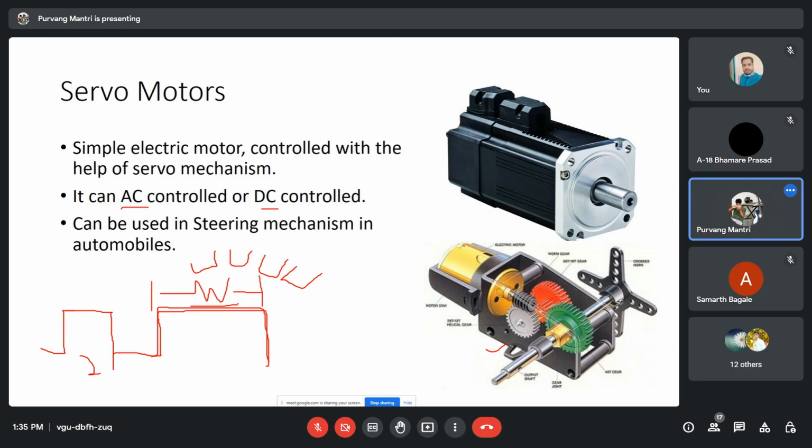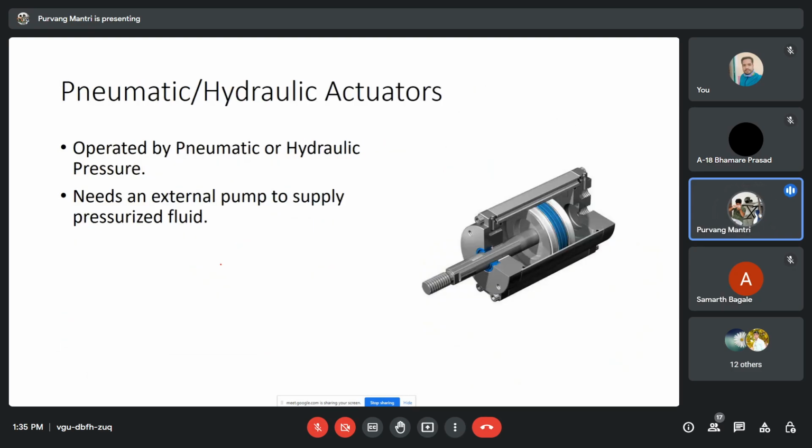Then similarly, we have hydraulic or pneumatic actuators. It is nothing but a piston cylinder assembly, and by injecting hydraulic fluid or compressed air, the position of the piston can be controlled. These are the basic types of actuators that are used in our vehicles.